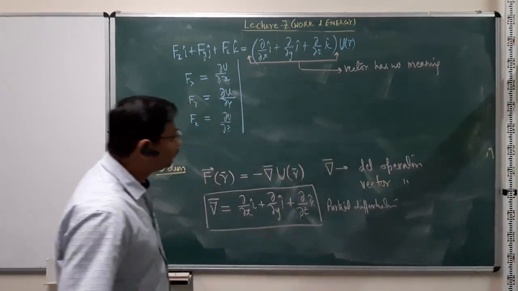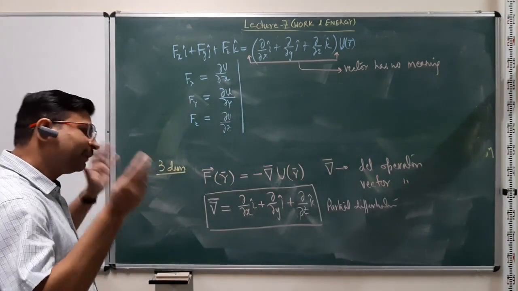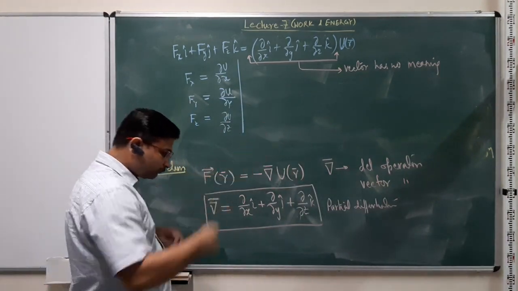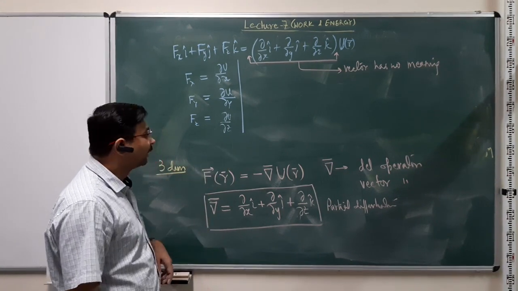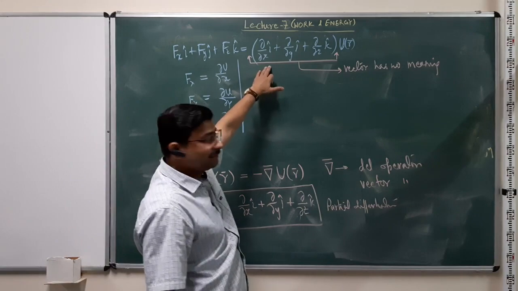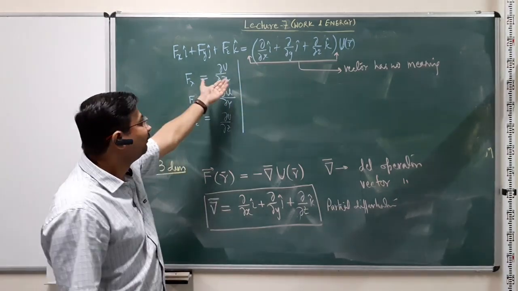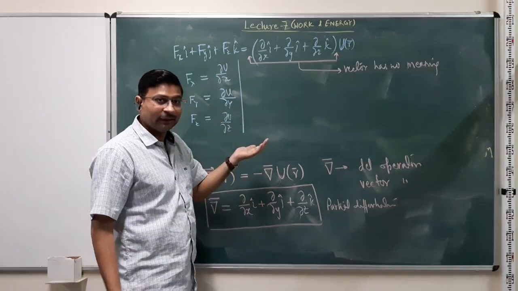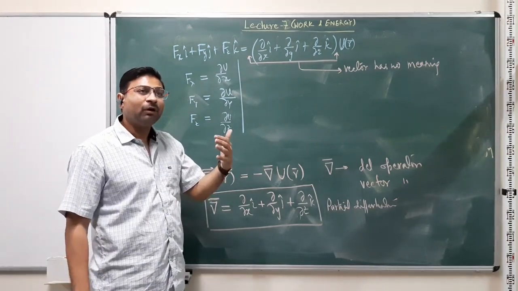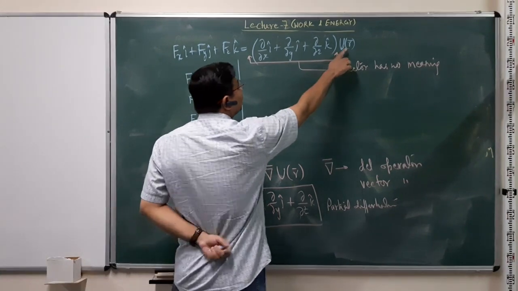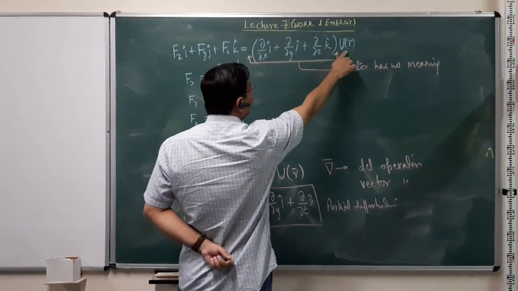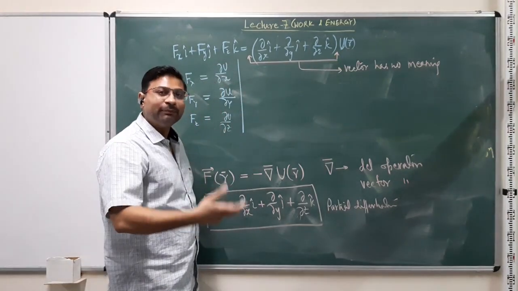Right? In the sense that, for example, the force vector has a meaning. It points to a direction, it points to a location. The del vector as such does not have any meaning, in the sense that we don't know what del over del x is. Del over del x is a partial derivative of something, so that something has to be known. Only when it's operated on a scalar quantity does it gain a meaning.